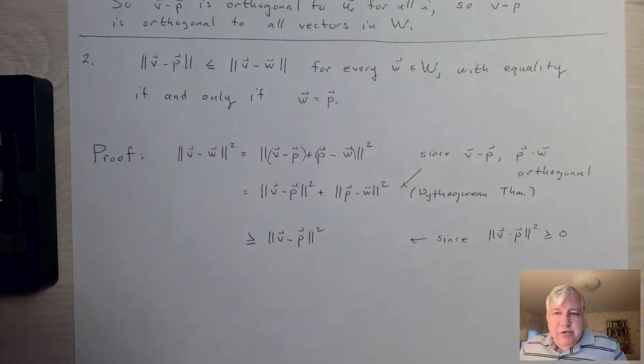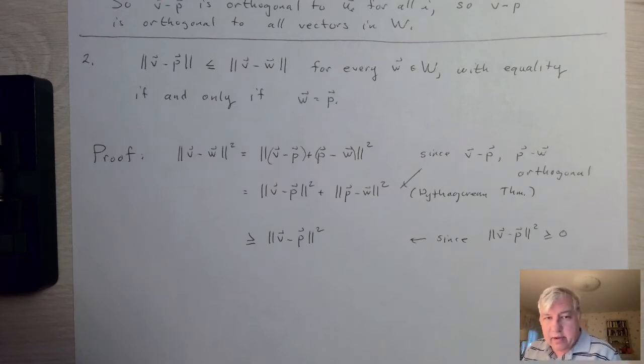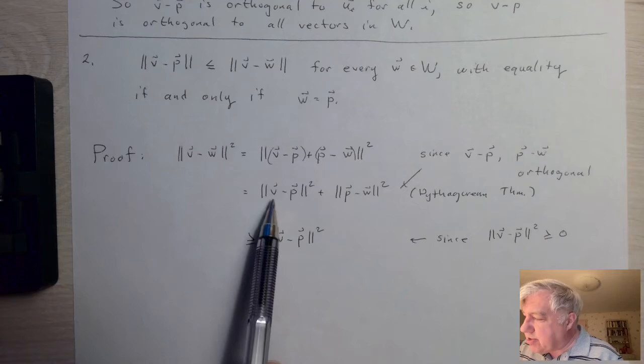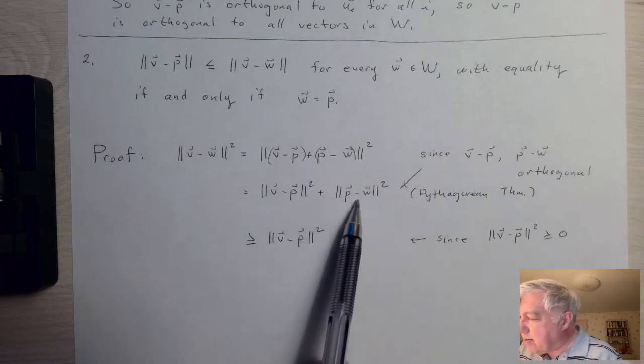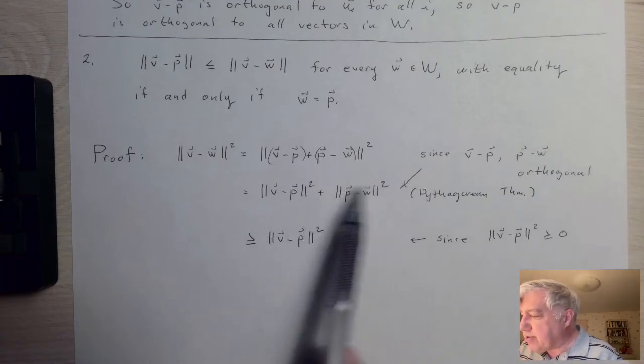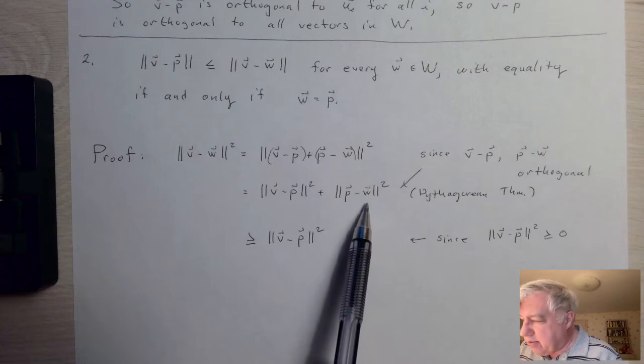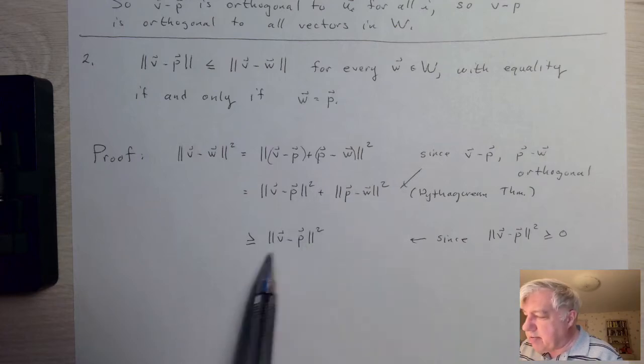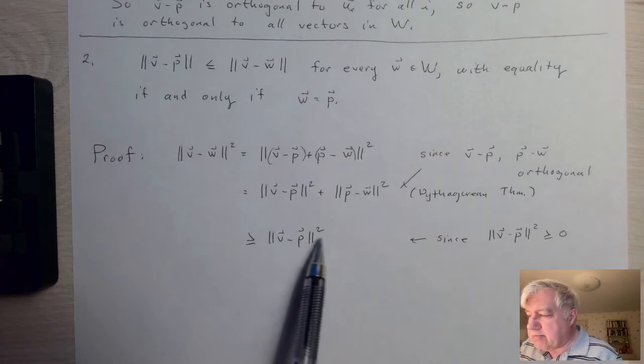If you go back to chapter 1 or 2, we talked about that. Notice that the length of P minus w squared has to be a non-negative number. So this is always greater than or equal to V minus P squared.